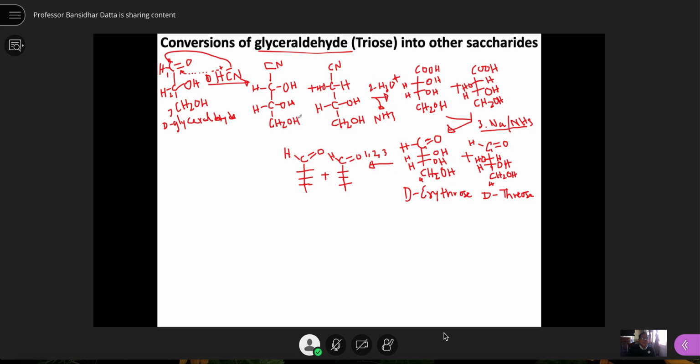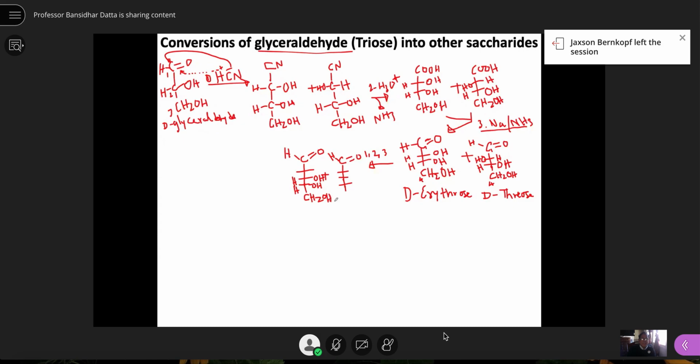So now, let's say the first molecule has the hydroxyl group on the right, OH. This is our base molecule. We started with this one, right? So H, CH2OH, all right? That's the base. That's what we started with, right? OH, CH2OH, OH, CH2OH, all right?